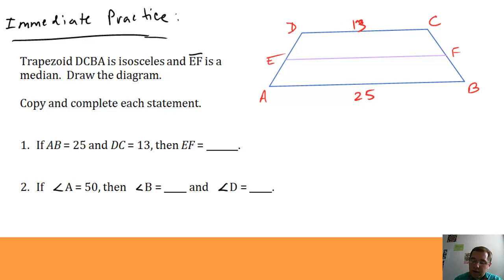Use the fact that the median is equal to the average of the bases. And number 2, if angle A is 50 degrees, find angle B and find angle D. Using the fact that DC is parallel to AB, you have same side interior angles, which must be supplementary. That is the end of section 5.5.